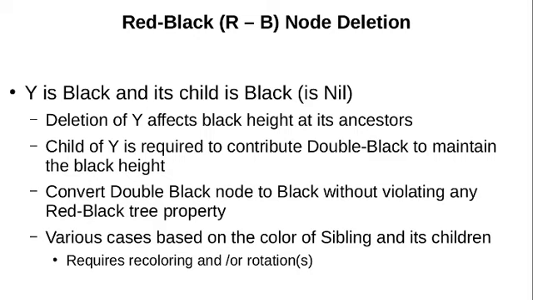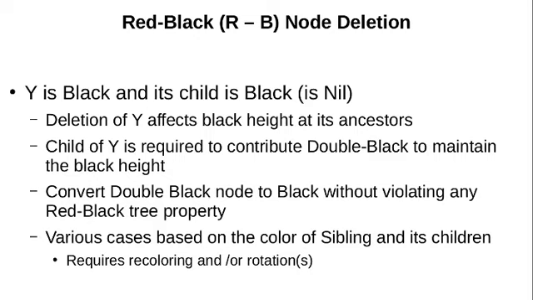As we will see later, a non-nil node can also become double black during the recoloring and rotations required for restoring the red-black properties during the node delete procedure. The double black is not a valid color for any node.